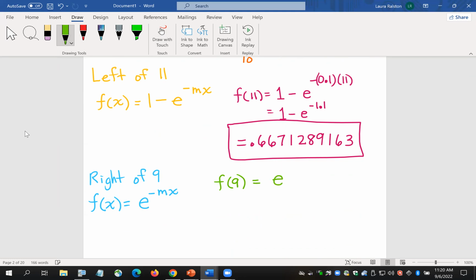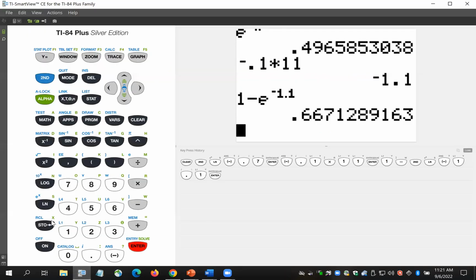So I have e to the negative. Again, my decay parameter is 1/10 times 9. So that gives me e to the negative 9/10. I'm going to go out to my calculator and calculate that value.